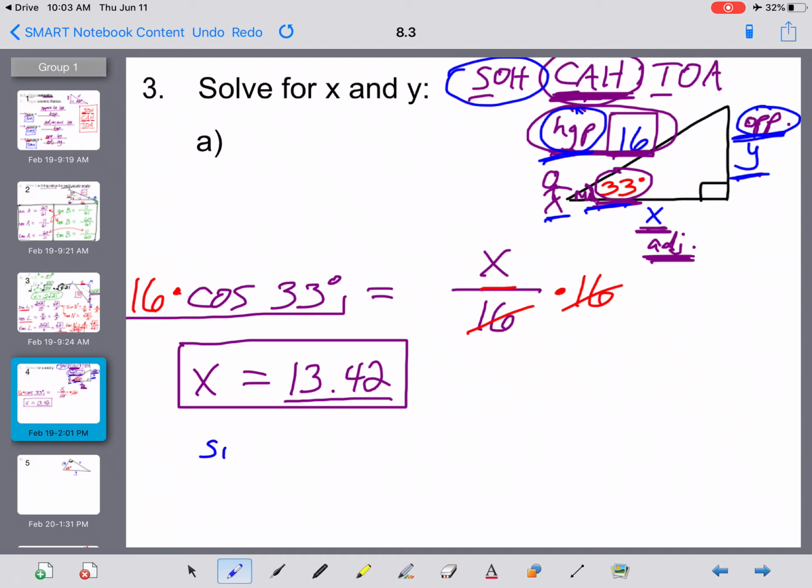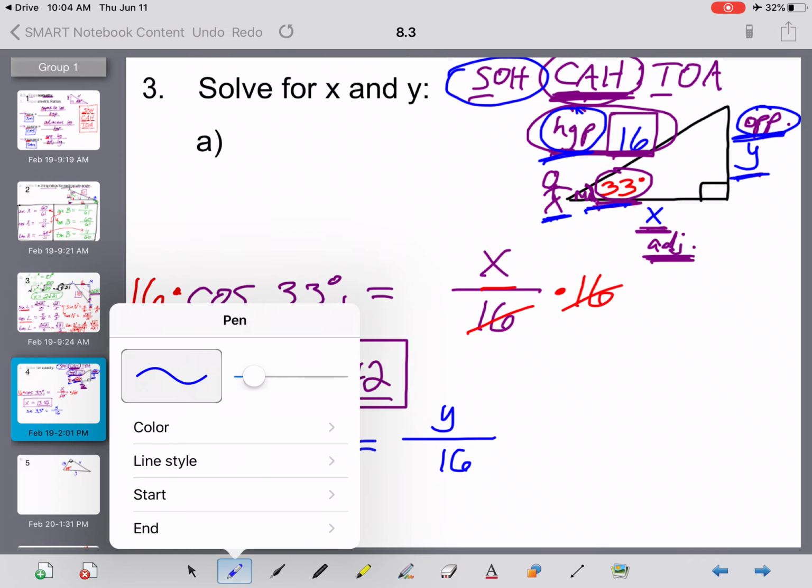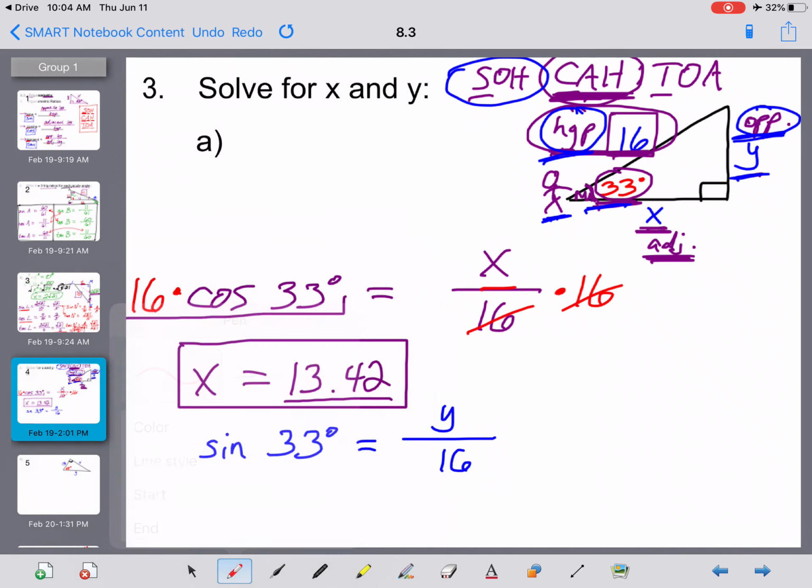So we are going to write now sine, the same angle, 33 degrees, is equal to, and this ratio is opposite over hypotenuse. So from your perspective, the opposite leg has a length of y, and the hypotenuse is still 16. Now, just like last time, ask yourself what's being done to my variable and how do I undo it?